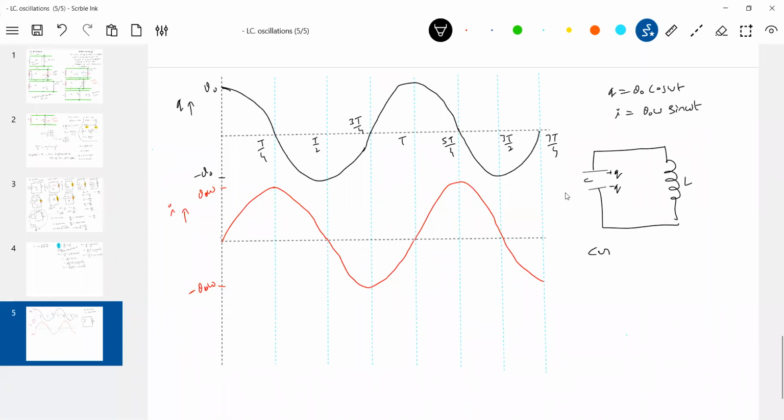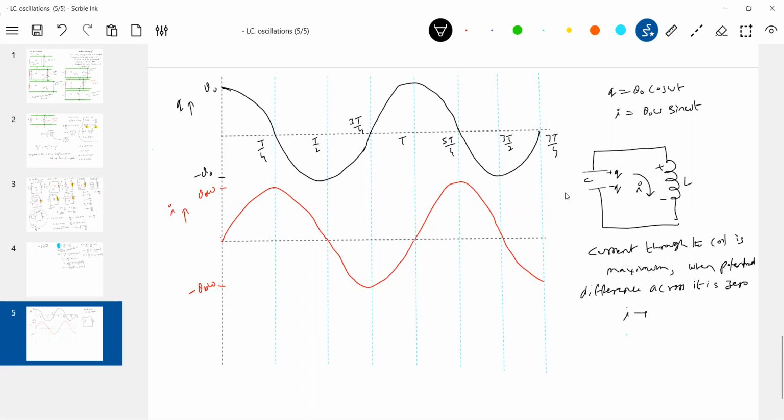Current through the coil is maximum when potential difference across it is 0.